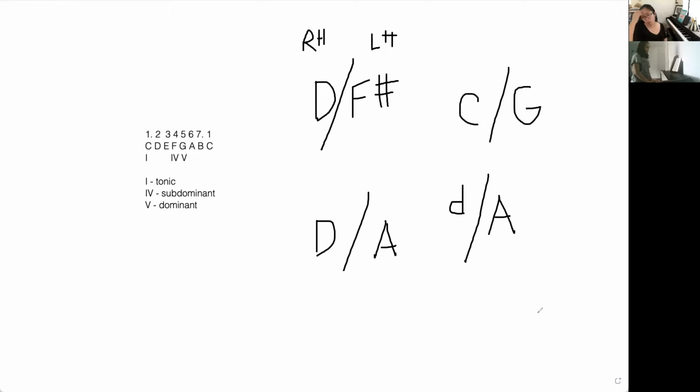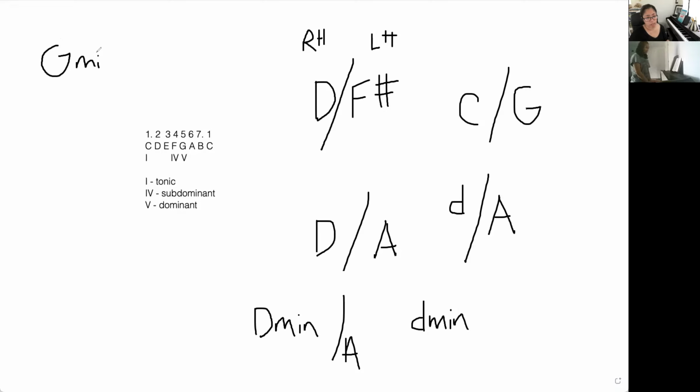Now, in song sheets, for example, if you're looking at Hillsong stuff, then it will be like this: D min instead of a small one. Or sometimes it would be this way: D min over A. That's also D minor. Okay. D min over A. Same thing. Okay. Next, let's try G min, G minor, and then this one.